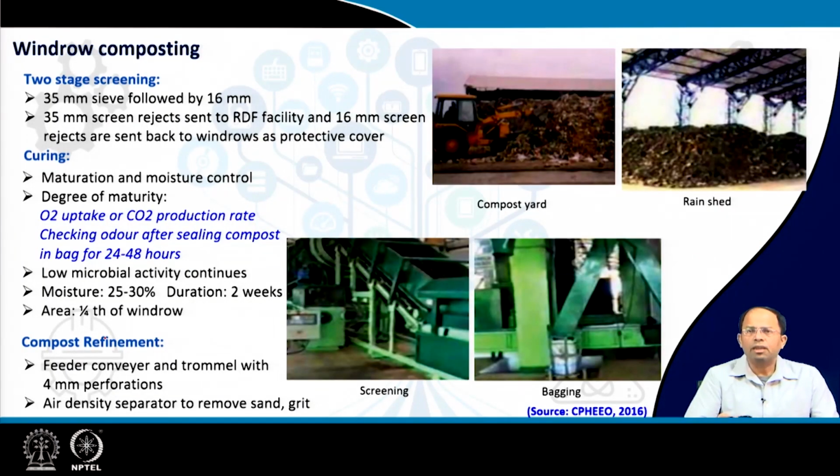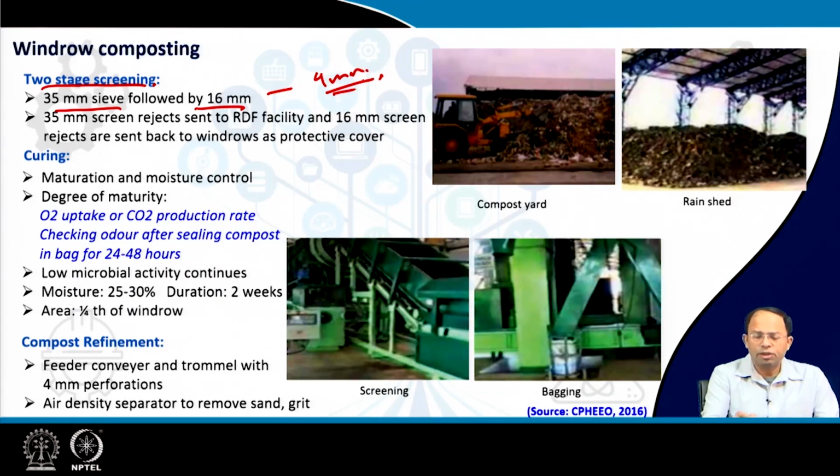Then once the basic composting process is over, we do a screening of the compost as we have learnt earlier. Here you can see that a 35 millimeter sieve and a 16 millimeter sieve are utilized one after another. And once the compost is done, the final cured compost is sent through a 4 millimeter sieve before it is bagged, right?